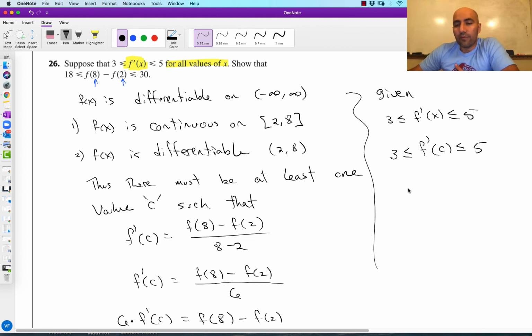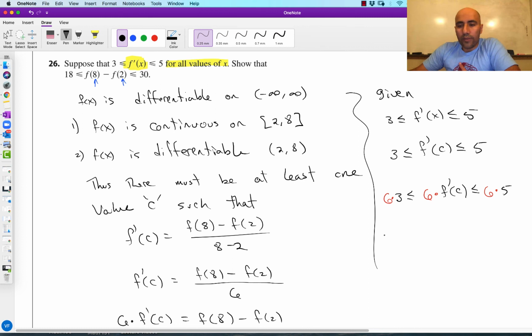And so now if we multiply everything by 6, we'll get that 3 less than or equal to f prime of c less than or equal to 5. So we're going to multiply this side by 6, multiply this by 6, multiply that side by 6.